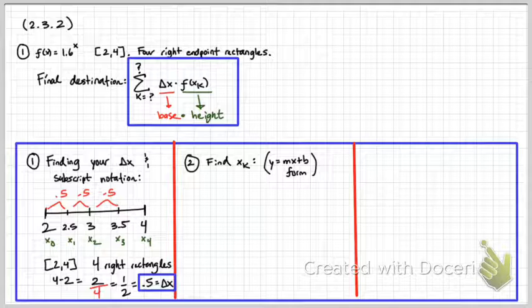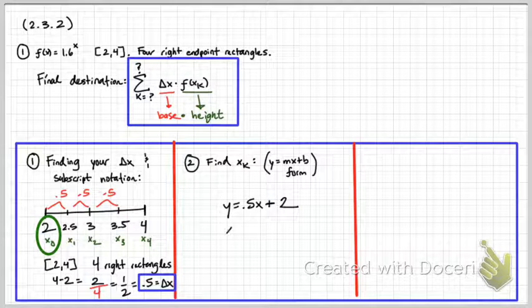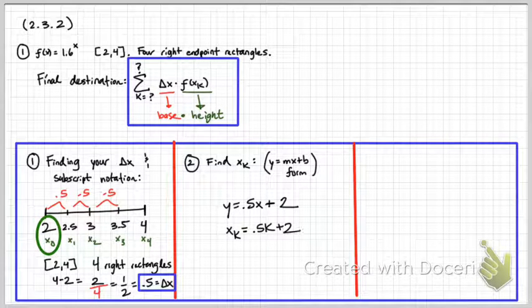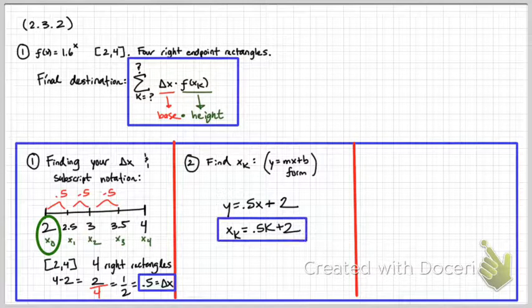So I will have y equals 0.5x plus, which is my rate of change, my y-intercept, which is 2, but we're going to rewrite this as x of k equals 0.5k plus 2, where, I annotate this on the sides, this is k and this is my x of k.